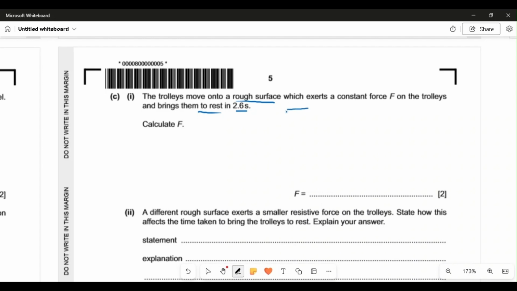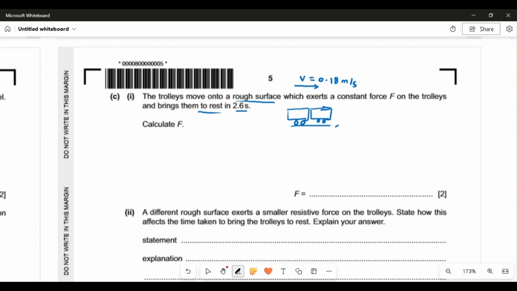If we say that these are the two trolleys which are already joined, they were moving on a straight part, and their speed we said is 0.18 meter per second, the initial speed.